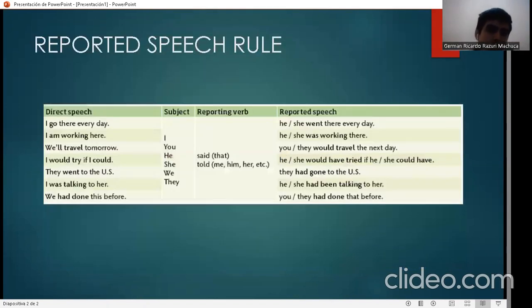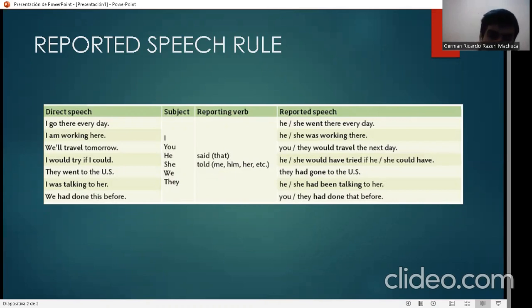Let's continue. Report speech rule. How do we make a report speech? We use a report verb, for example, said, told me, or asked. It depends on the context and what you want to report.